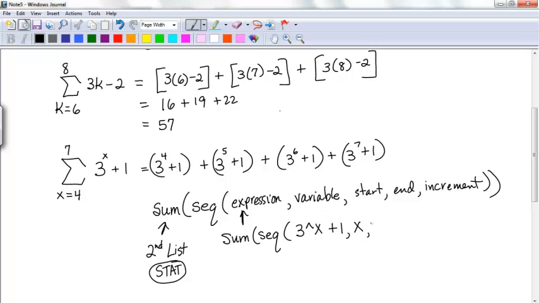The start would be 4, the end would be 7, and we're counting by ones because we're going 4, 5, 6, 7. Everybody get to the sum sequence? Then put in the 3 to the x power plus 1. You have to put in the commas. The comma is on a key by itself right above the number 7.